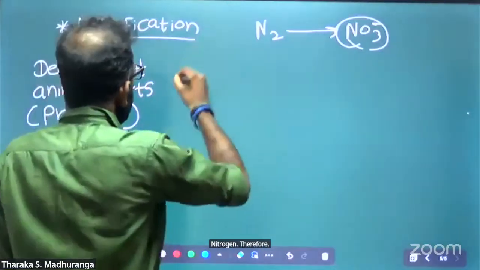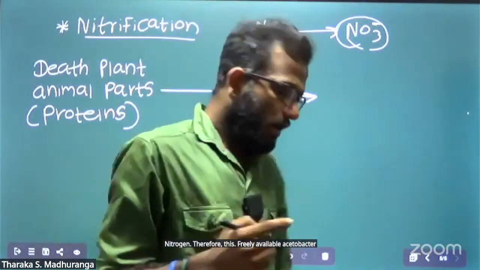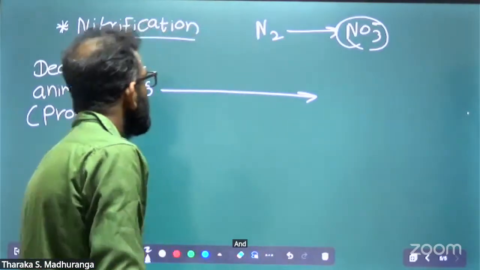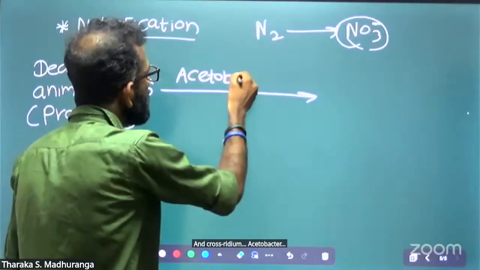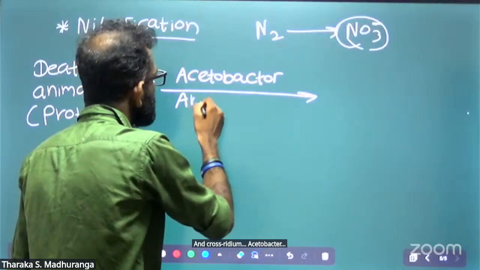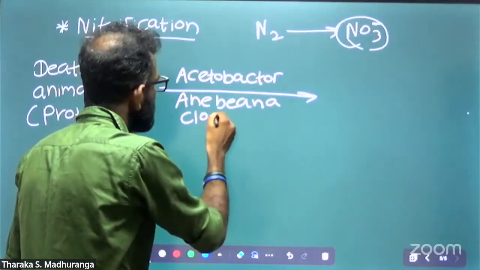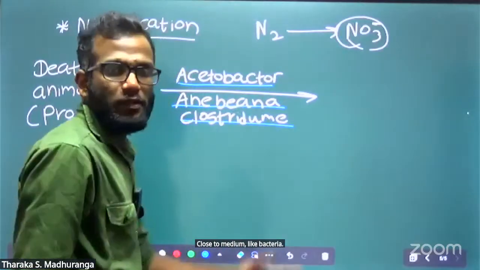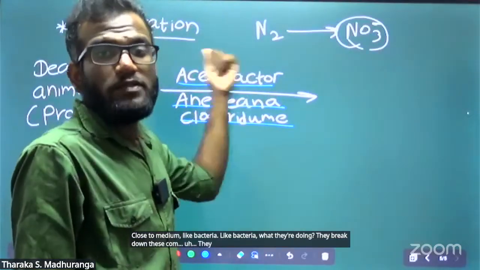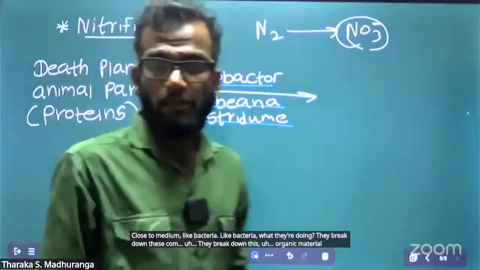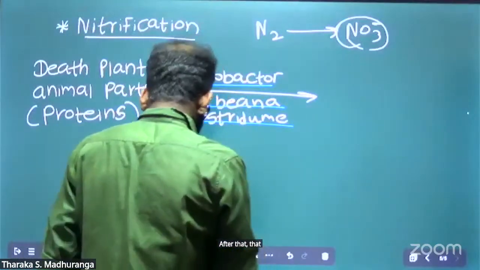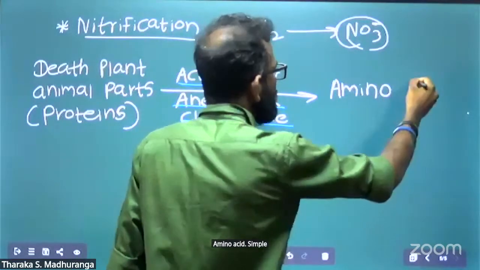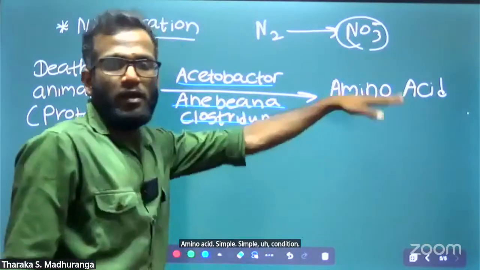Therefore, freely available microorganisms like Azotobacter, Anabaena, and Clostridium bacteria, what they do is break down this organic material, plant and animal dead parts, and convert it into amino acids.